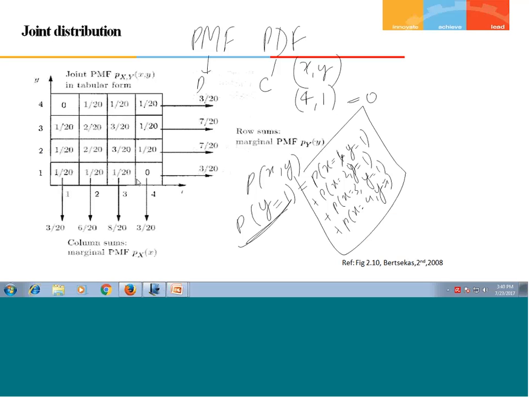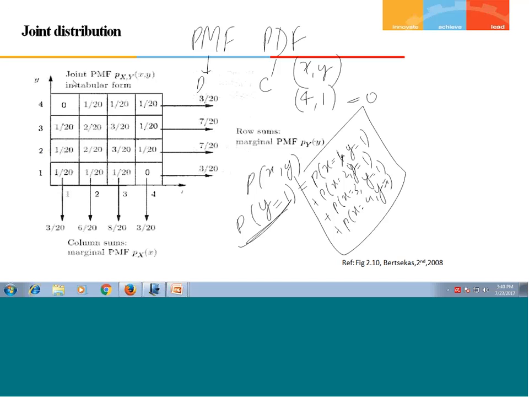This is also known as the conditional distribution. When I'm summing up the rows, I'm just marginalizing out or leaving out the x term. If I'm asking what is the probability of y equals 4, then I will sum up the whole row irrespective of what x is taking, because I'm only interested in the value of y.